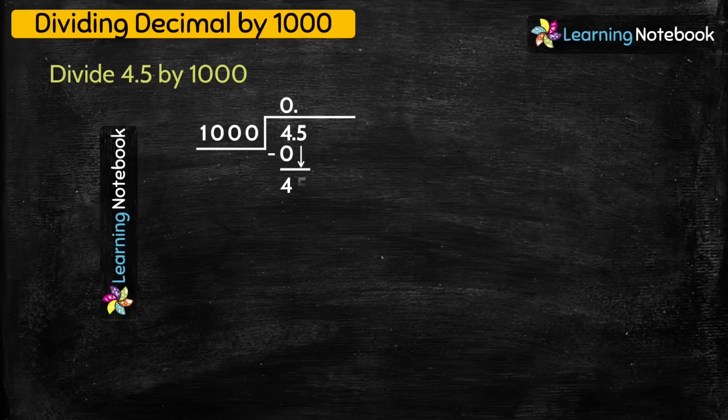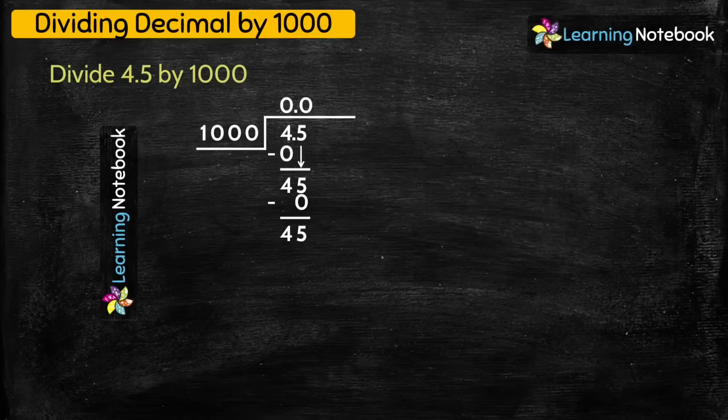Now let's continue with the division. We will copy next digit 5. So now we have to divide 45 by 1000. But again, it is less than 1000. So we will do 1000 into 0 equals to 0. So 45 minus 0 equals to 45.